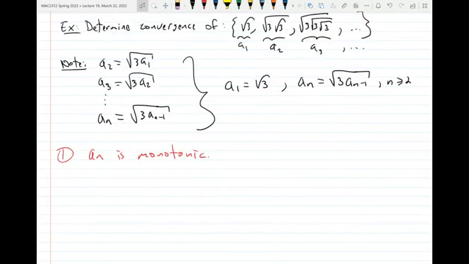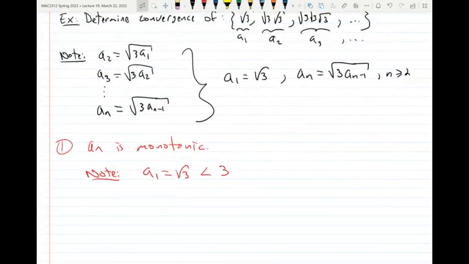Let's argue this. I'm going to compare this with 3. So note a1, which is equal to square root of 3, is certainly less than 3, agree? Do I want to compare it with 3? Yes.